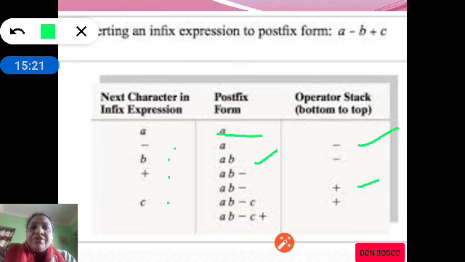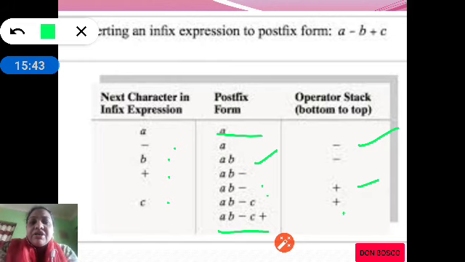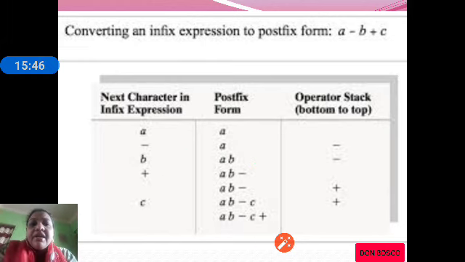So we remove minus and then we put plus. When we pop plus, we will get AB minus C plus. This is how we can convert an infix expression to postfix.